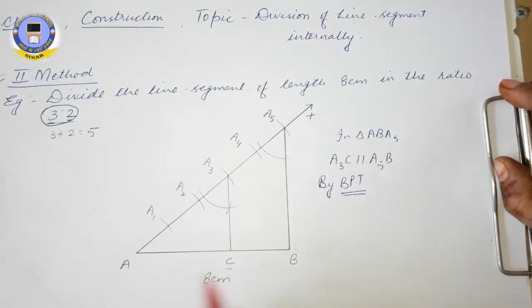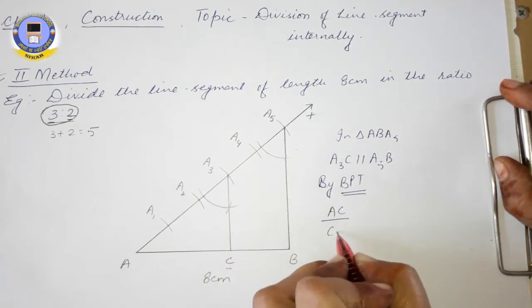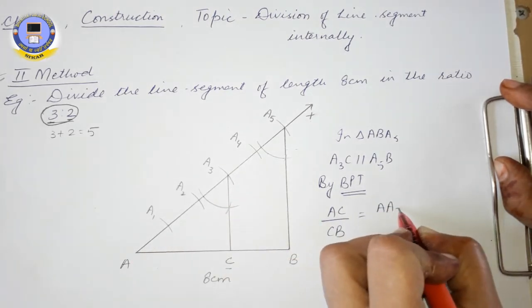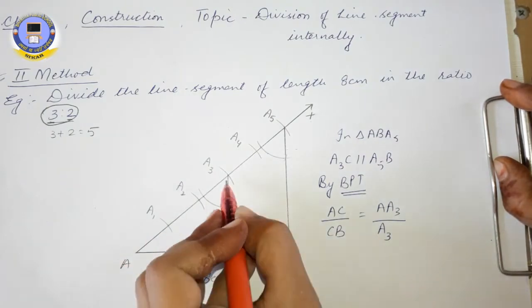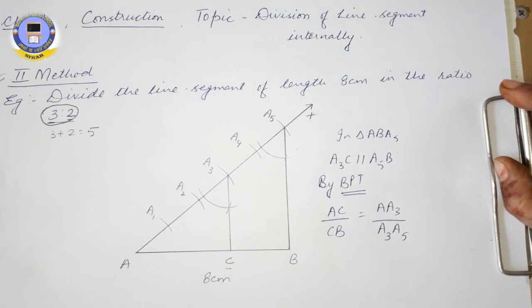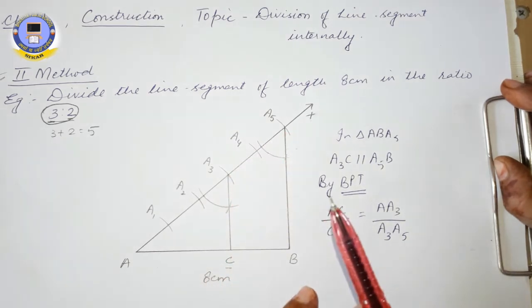So by BPT we got AC upon CB equals AA3 upon A3A5.